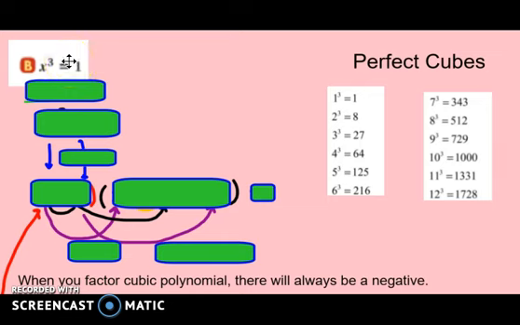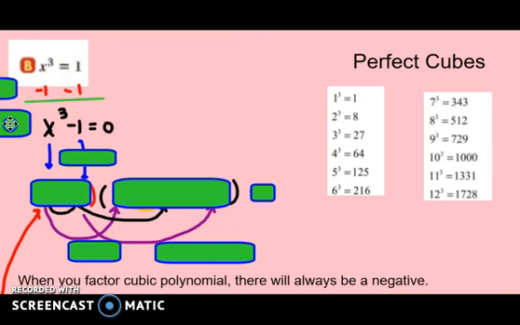So I'm going to do the same steps as I did in the previous problem. First step, get it to equal 0. So I am going to subtract 1 from both sides, and I get x cubed minus 1 equals 0. 1 is a perfect cube, that's why it's on this list.